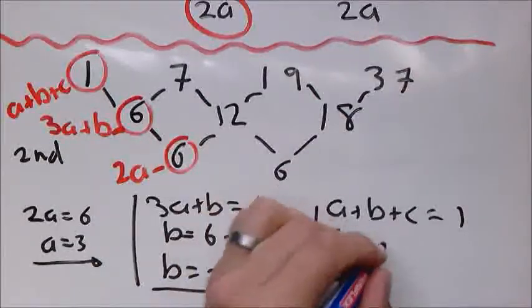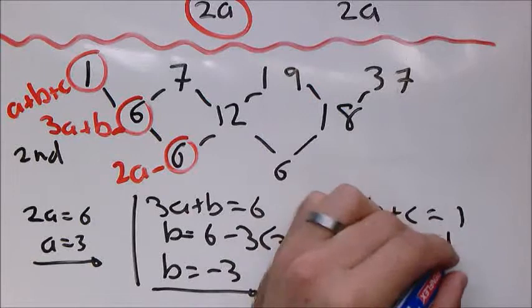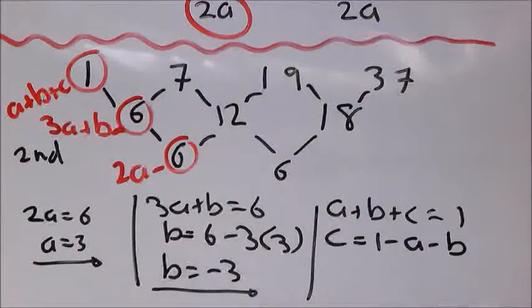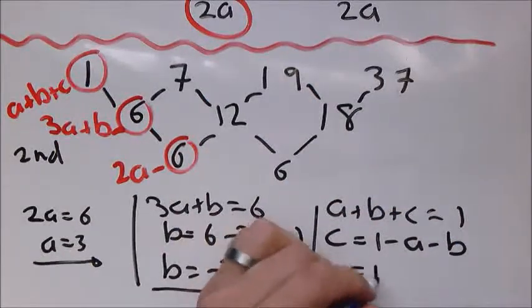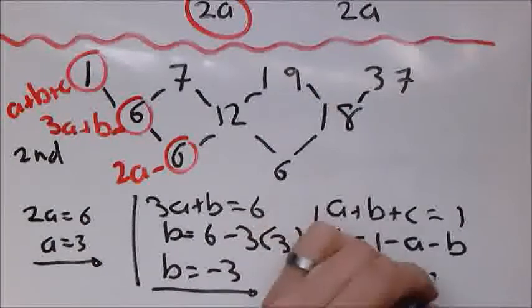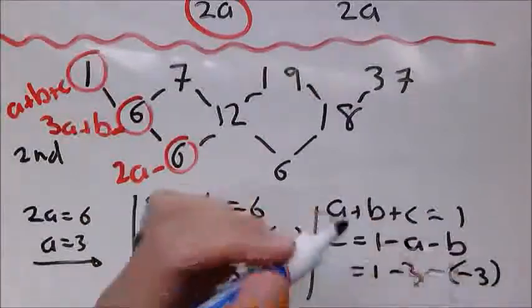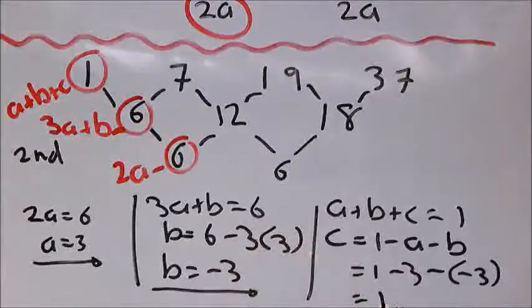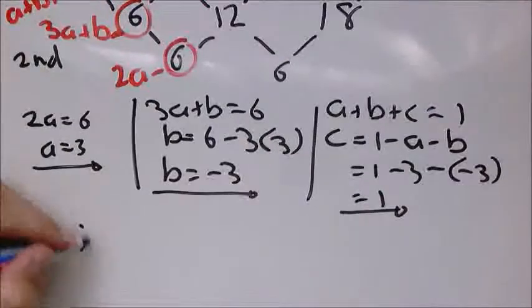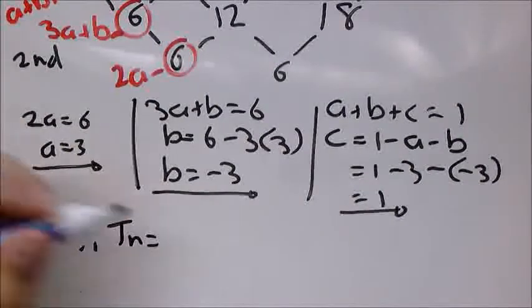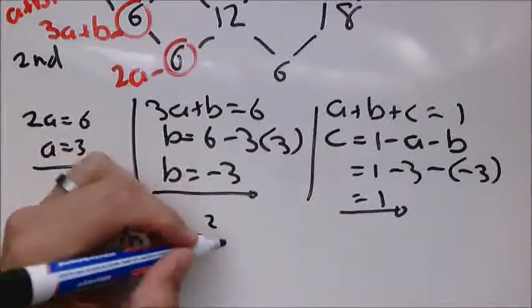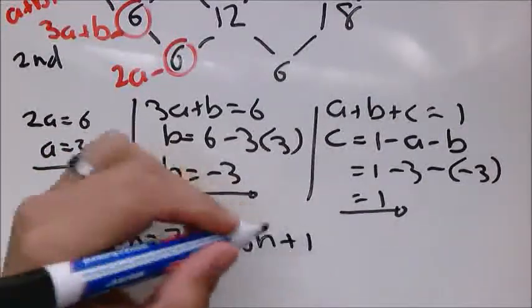So that makes c 1 minus a, and minus b. So it is 1 minus 3 minus a negative 3. So it's just equal to 1. Therefore, Tn equals 3n squared minus 3n plus 1.